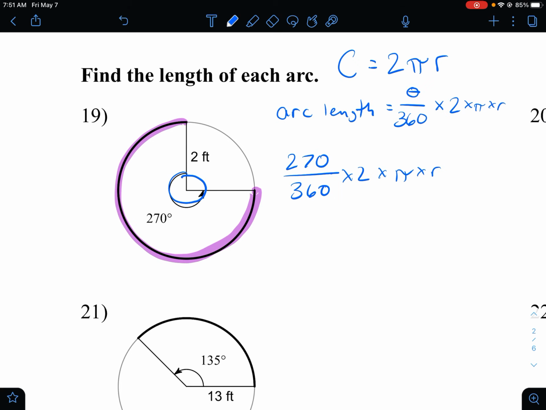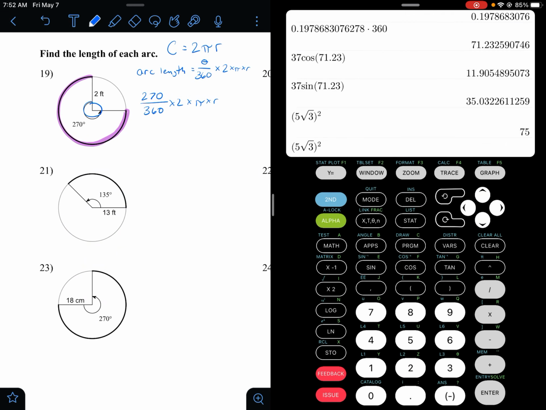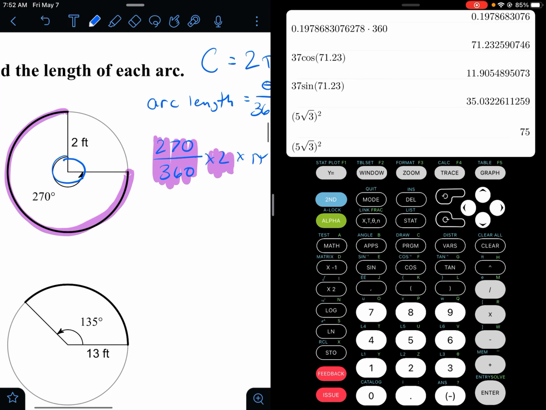Now, we're going to try and leave this in terms of pi. So I'm going to show you how to do that. To leave it in terms of pi, you're going to multiply everything that's not pi. Ooh, I didn't put in the radius. How silly of me. The radius here is 2.